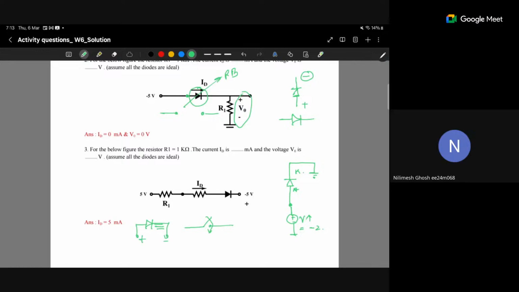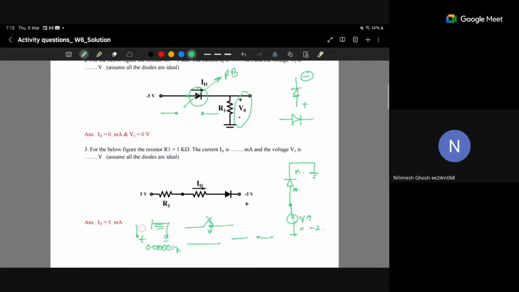If this is any positive voltage, for the ideal case, whatever the minimum voltage you can assume, let's suppose it's 0.00001 volt, this diode will be closed, a short circuit. But if it is 0 or negative, then this diode will be open circuited. It is clear now? Okay, sir.